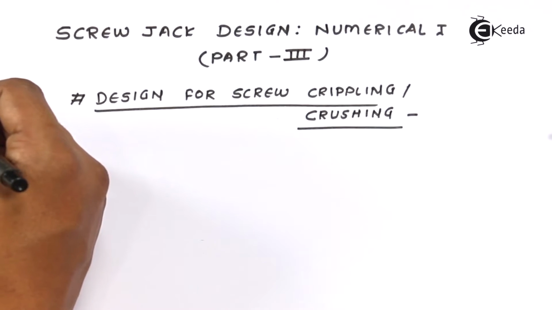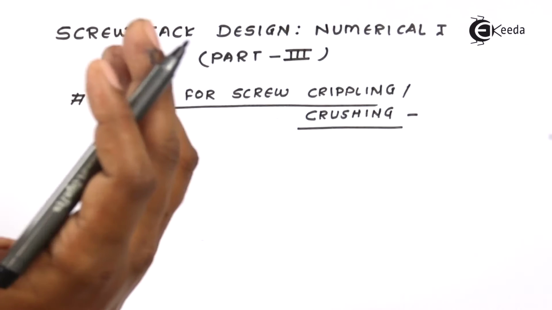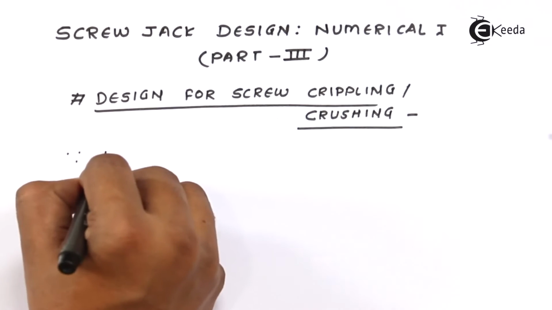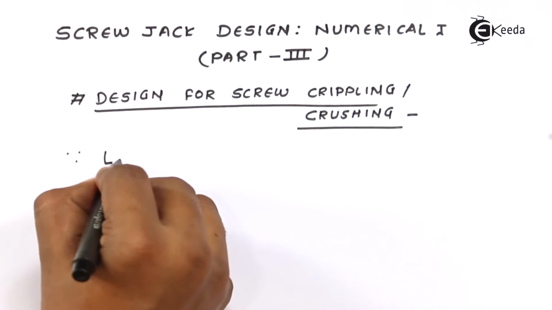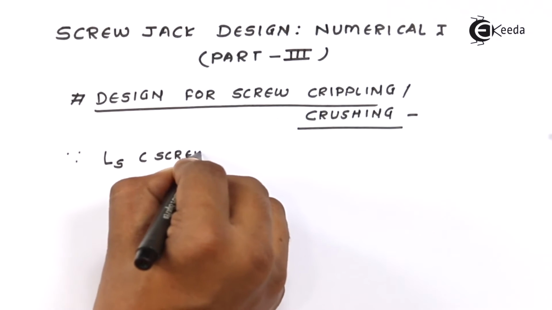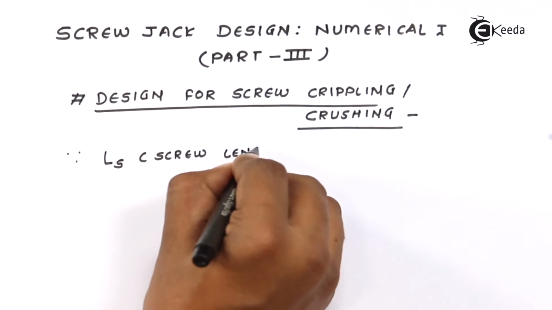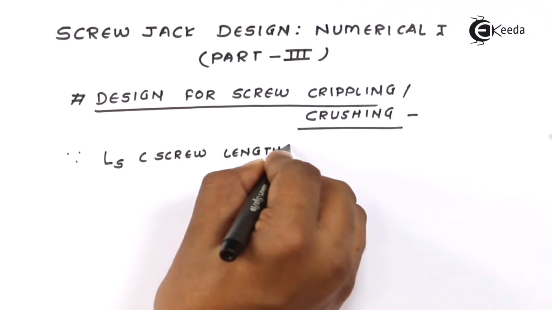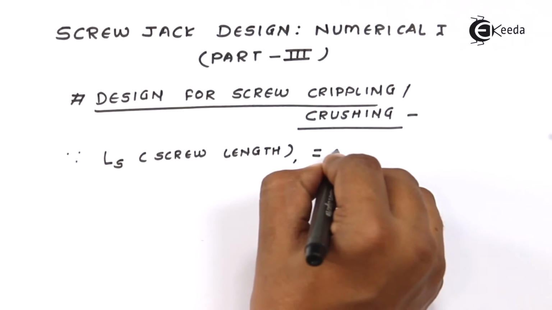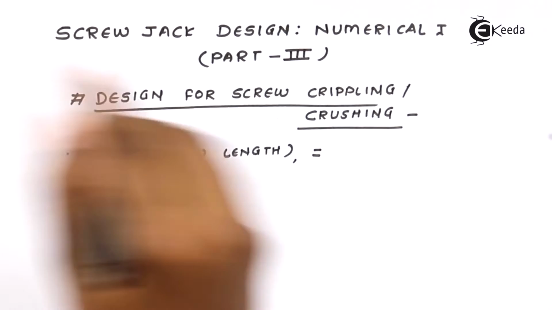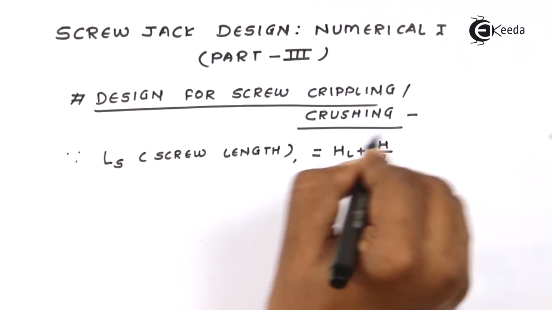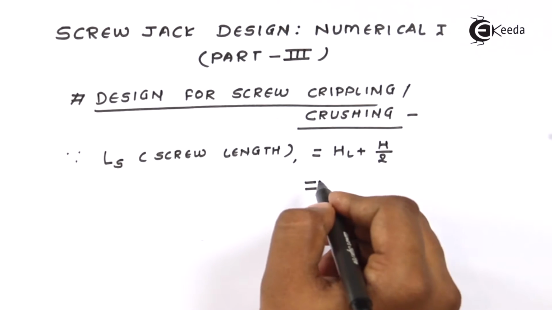Now there comes another aspect which we can refer to in the PSG, and it says that the total length of the screw, say LS, will be given by the height of the lift HL plus H by 2, which is the height of nut.